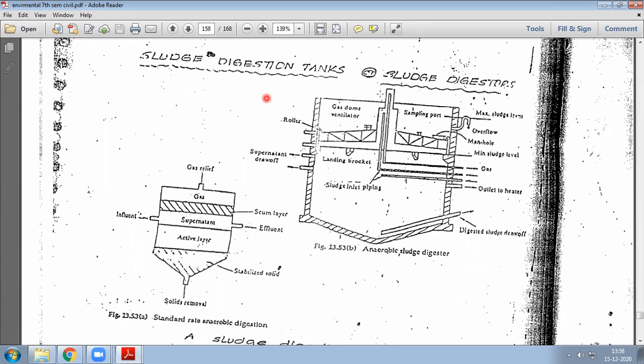Sludge digestion tank or sludge digester. This is also one more important concept from the exam point of view. Okay. So you might face any one of the three questions in the exam, also in internals. But for this internal I will start from the fourth and fifth units.